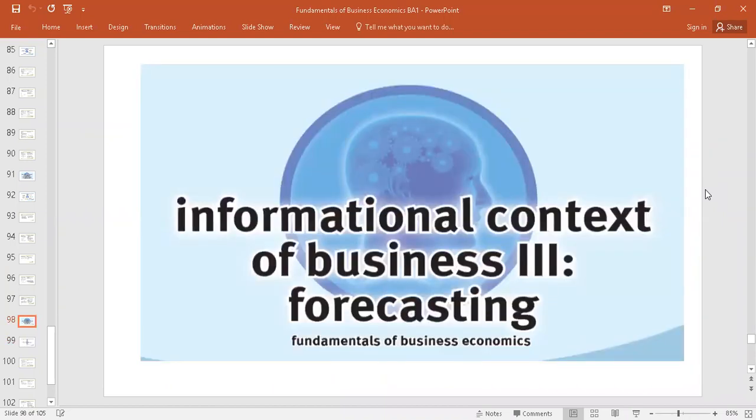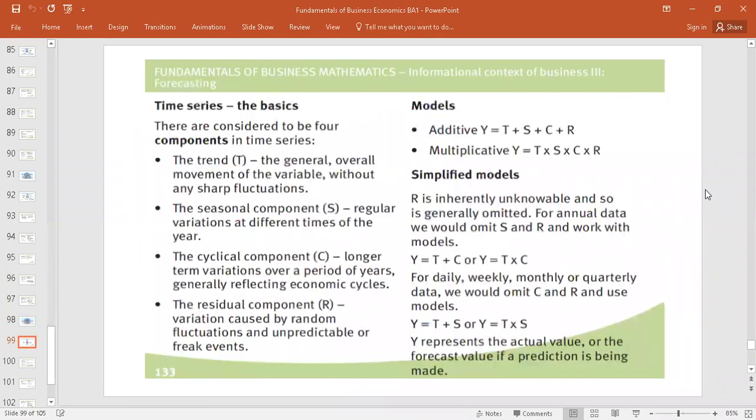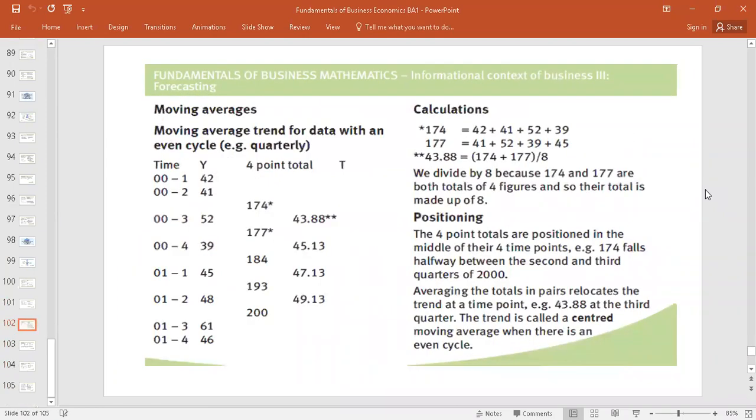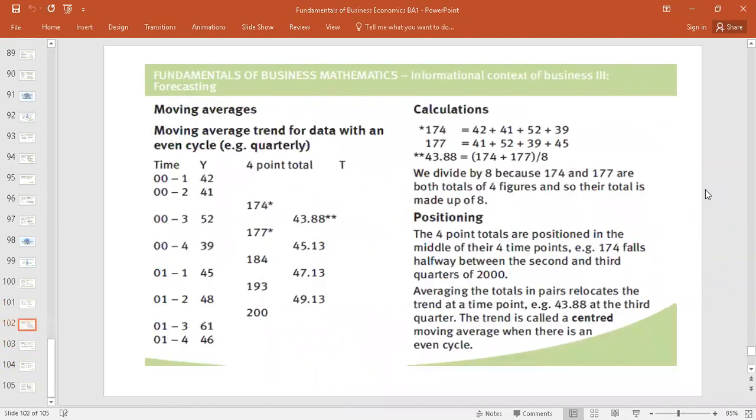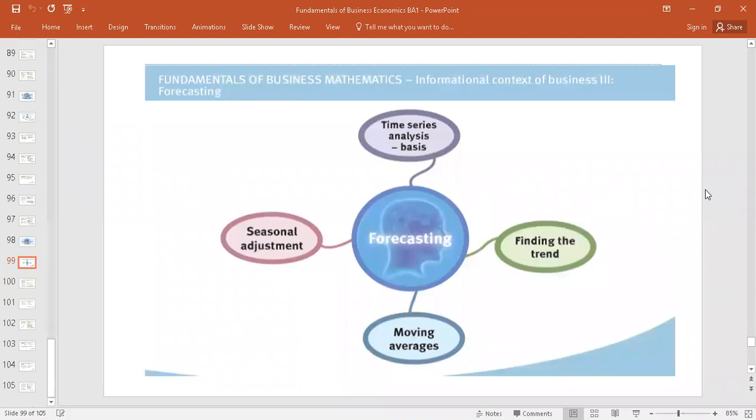The last chapter in the paper, Informational Context of Business 3, is about forecasting. When data is analyzed, the analysis is used to predict or forecast the future. First, we looked at the meaning of data.